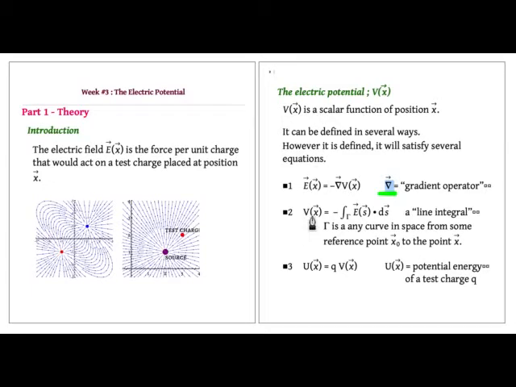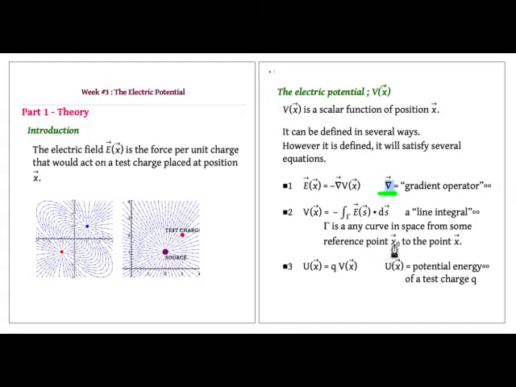Another relation is this. V at point x is equal to the negative, we always have this minus sign, of the line integral of E dot ds along any curve that starts at some reference point x0 and ends at the point x where we're evaluating the potential.